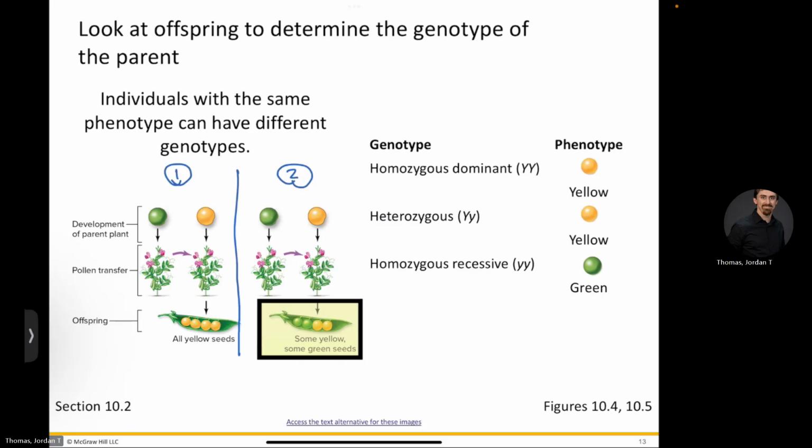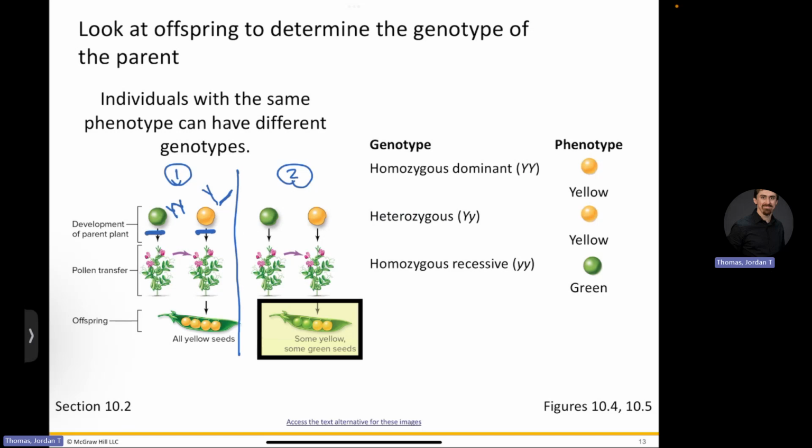If we cross a green and yellow seed here, we know the green one is going to have little ys, because in order to show that green, you need a homozygous recessive. It can't have any dominant allele. And the yellow one, we know we have one big Y, but we don't know the other one, because remember, we only need at least one to show.